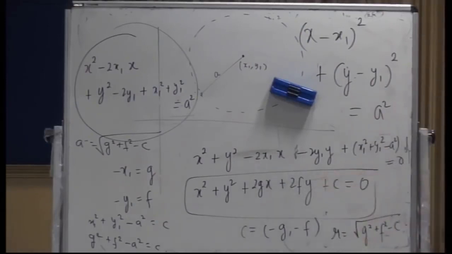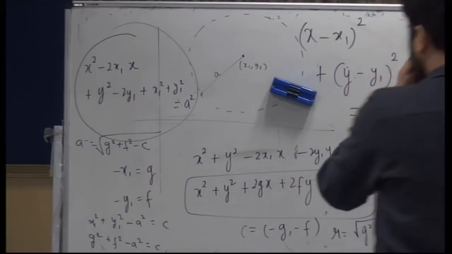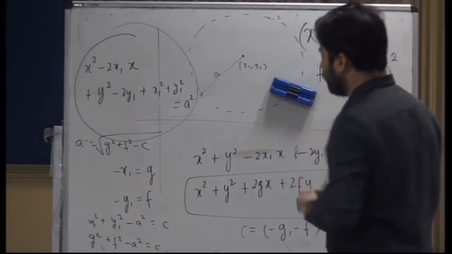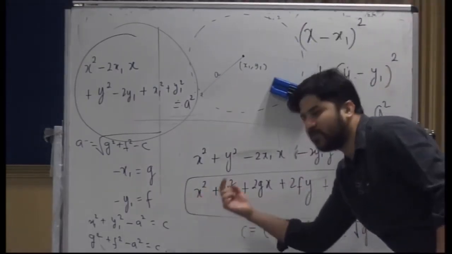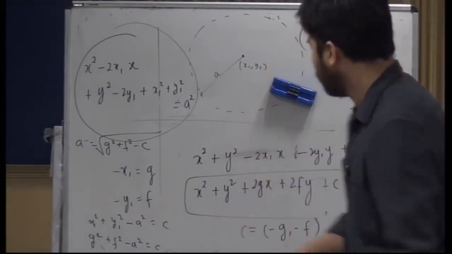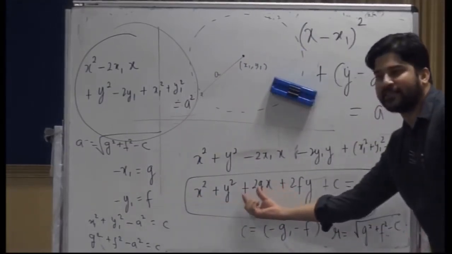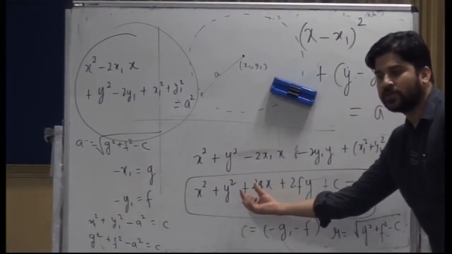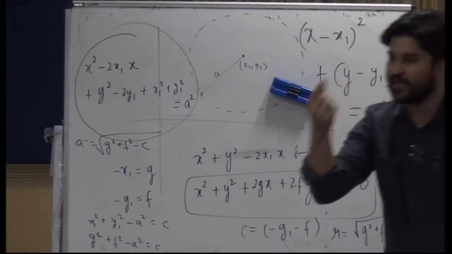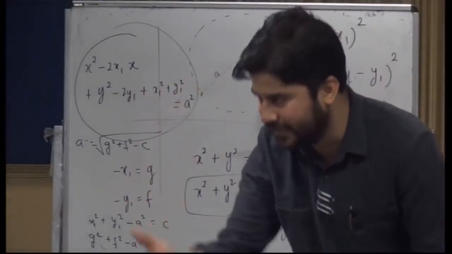So when anyone gives you a general equation of a circle, x square plus y square plus 2gx plus 2fy plus c, you just have to focus that x square and y square have only coefficient 1. Then you see the coefficient of x, divided by minus 2, gives you the x coordinate of the center.